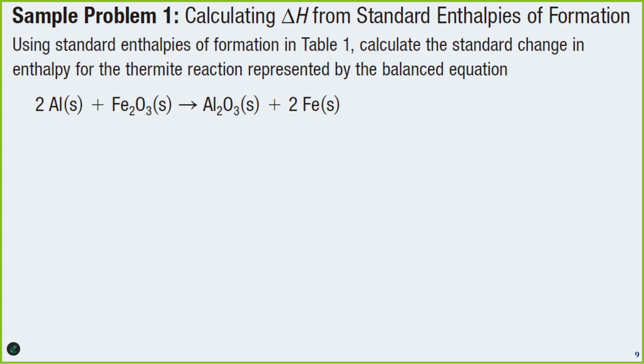Using standard enthalpies of formation in Table 1, calculate the standard change in enthalpy for the thermite reaction represented by the balanced equation here. Okay, I'll give you some time to consider this question by yourself, and after that we can have a look at the solution together.